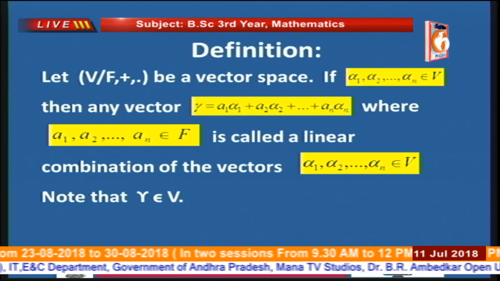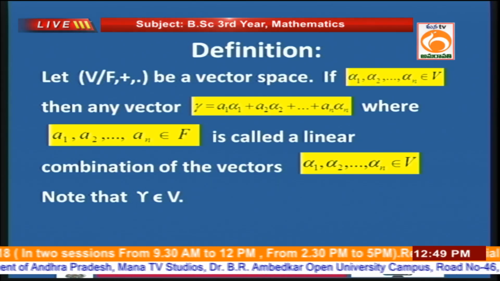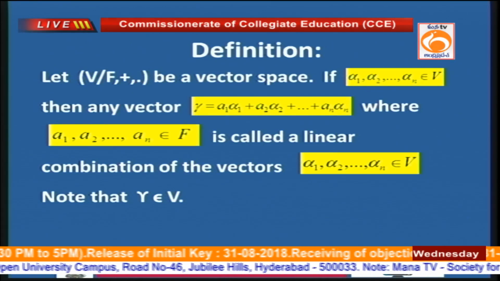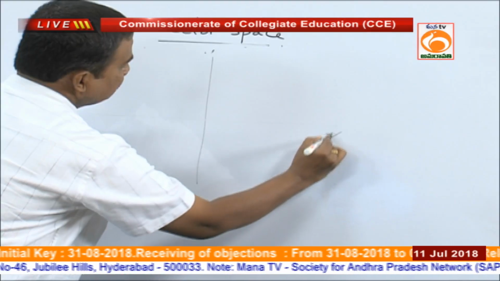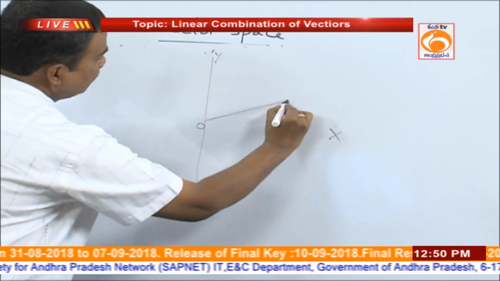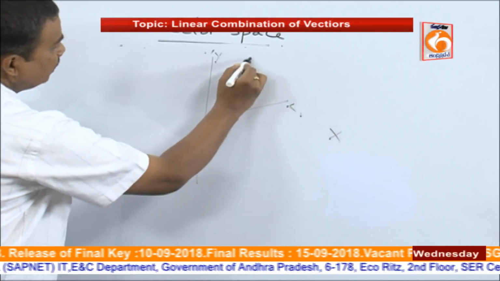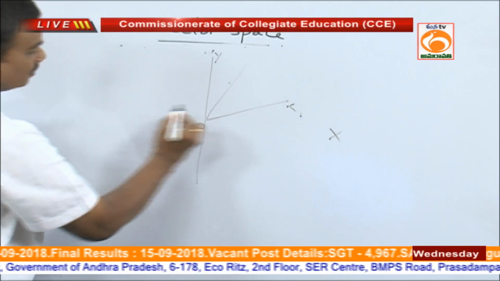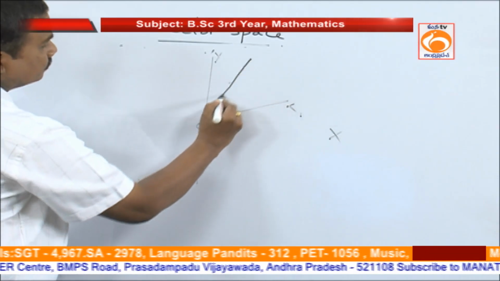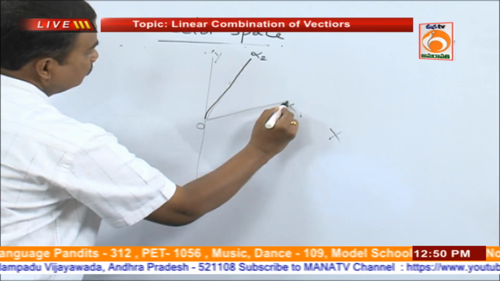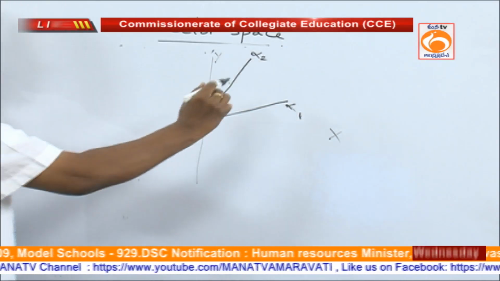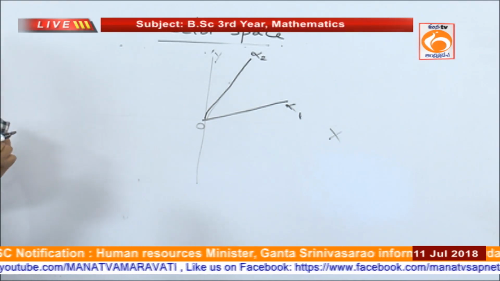Let me show you in R cross R. This is the x axis, the y axis and 0. If you take two vectors, say alpha 1 and another vector alpha 2, this is alpha 2, this is alpha 1. If you take A dot alpha 1, how does it look?